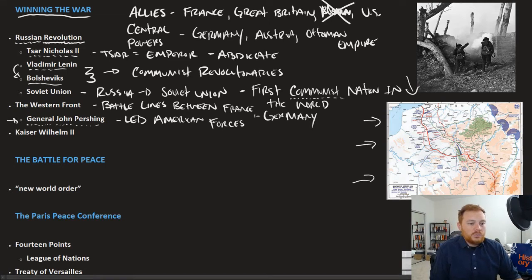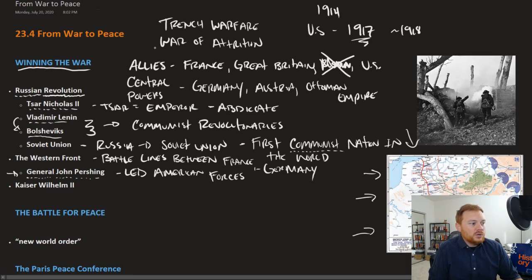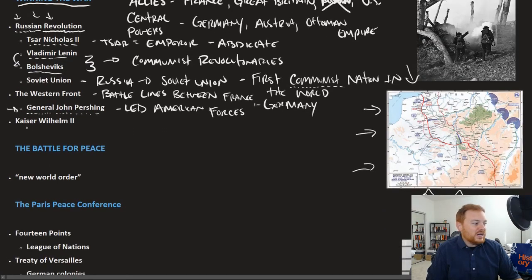The Germans, more importantly, like I mentioned before, were losing this war of attrition. They had simply been starved out essentially for the past 4 years of the war. And knowing that there's a new threat in the East with the Russian Revolution, it was time for the Germans to sue for peace. Similarly, Kaiser Wilhelm, Kaiser also means emperor, also abdicated.